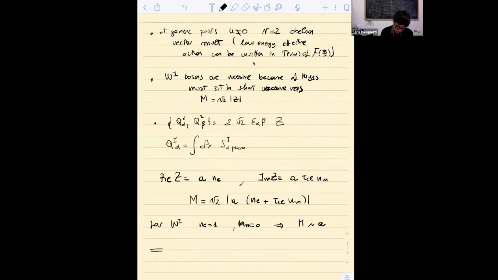But then this fact is also telling us that there are massive magnetically charged objects in the spectrum.